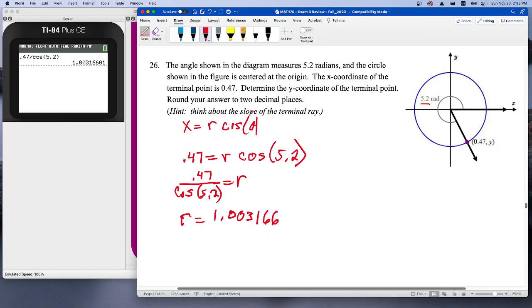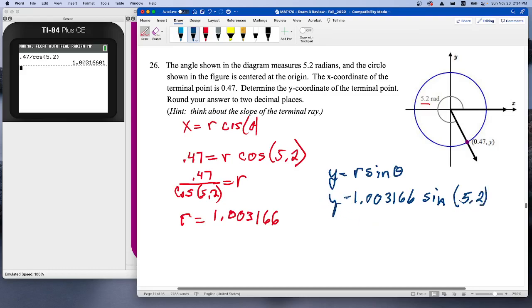So now to find the y-coordinate, I have to remember y is equal to r sine theta. So I know theta, and I know r now. 1.003166 times the sine of 5.2.